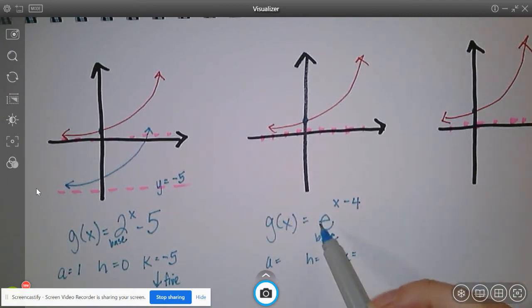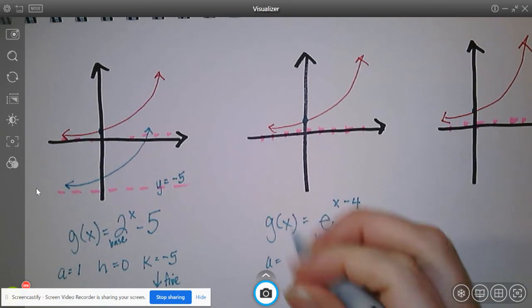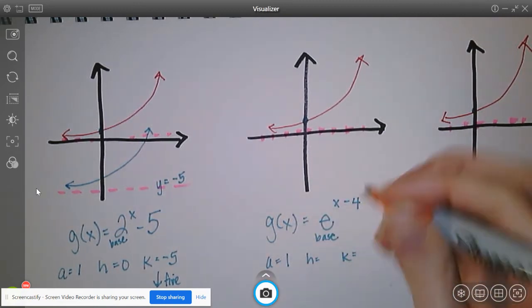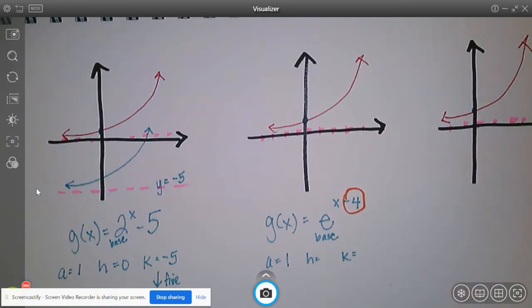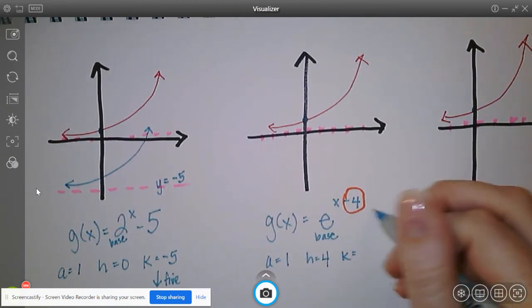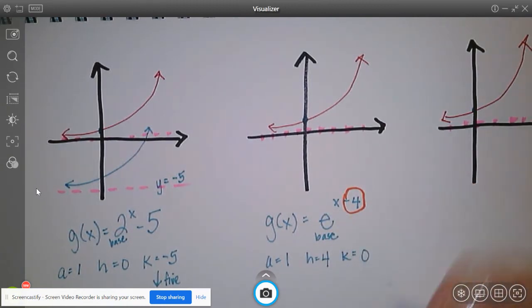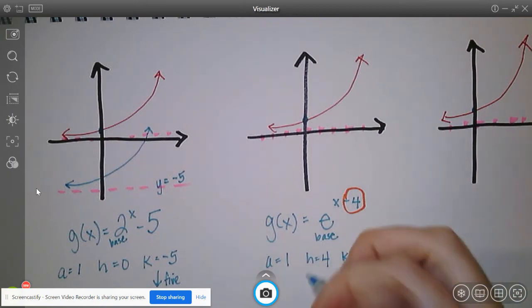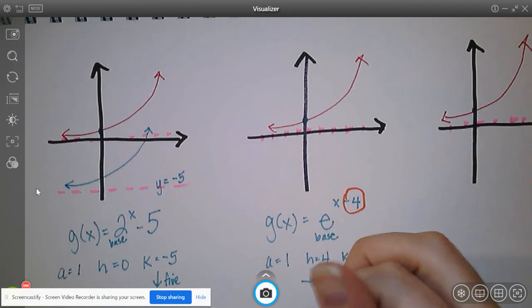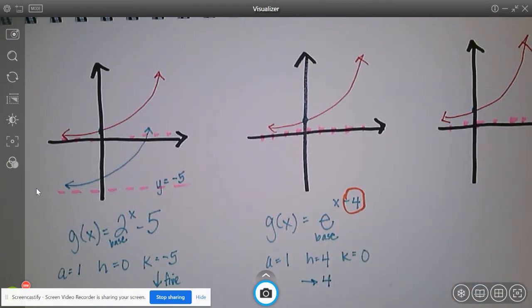All right, so let's name our a, h, and k again, because you know I love doing that. I have no number being multiplied in the front, so that's a 1. Here is my h, and remember, we have to change the sign. So my h is actually 4, and I don't have anything being added or subtracted at the end, so my k is 0. So really the only thing happening to this one is that it is translating horizontally to the right 4.